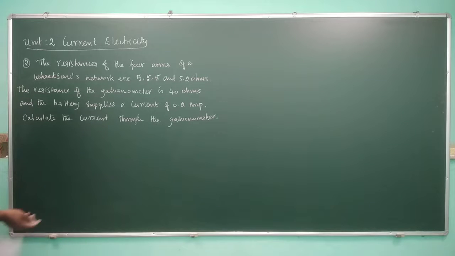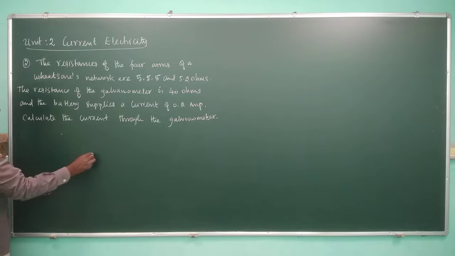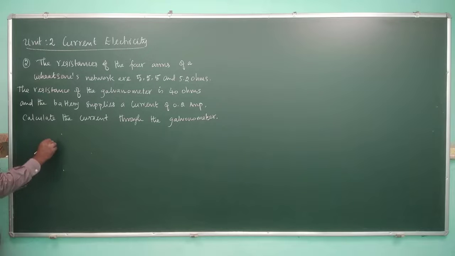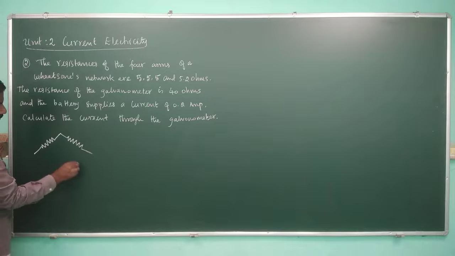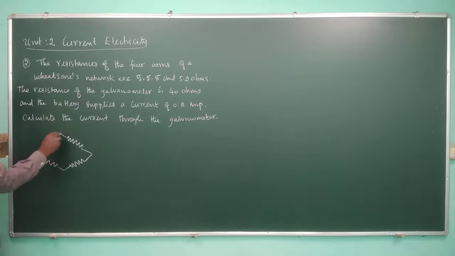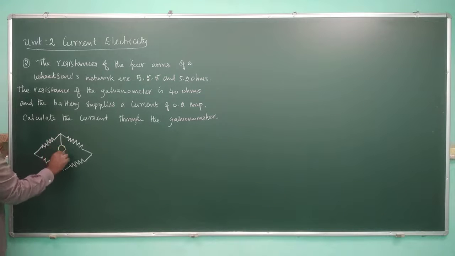So what is a Wheatstone bridge? A Wheatstone bridge consists of four resistances, and a galvanometer is connected in the middle. This is the Wheatstone bridge.